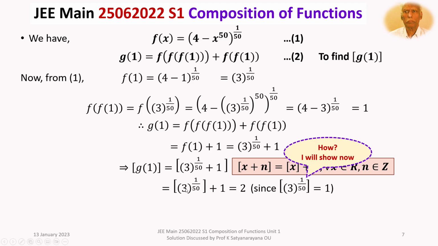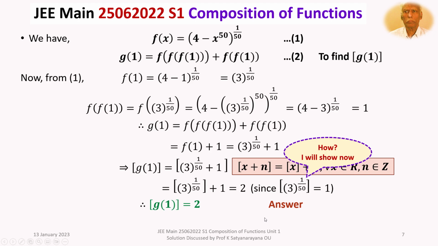So this is 1 plus 1, that is 2. That is the answer for this question. The answer is the bracket g of 1 is equal to 2, that is the greatest integer less than or equal to g of 1 is 2. That's your answer to this question.